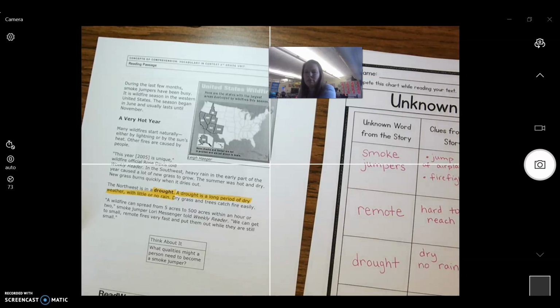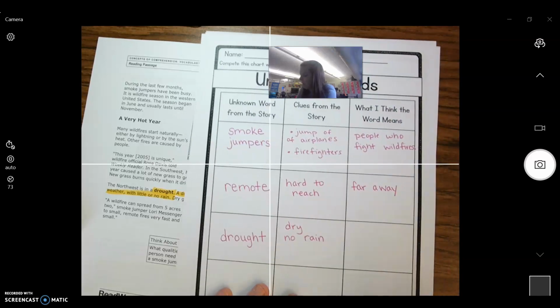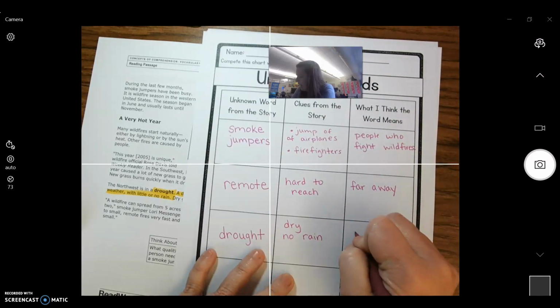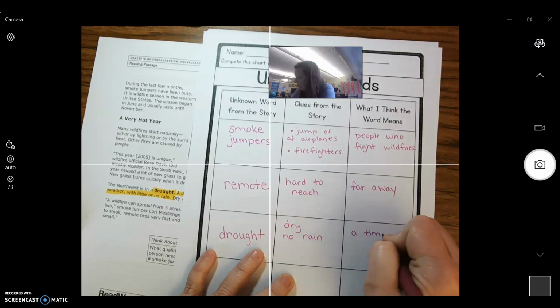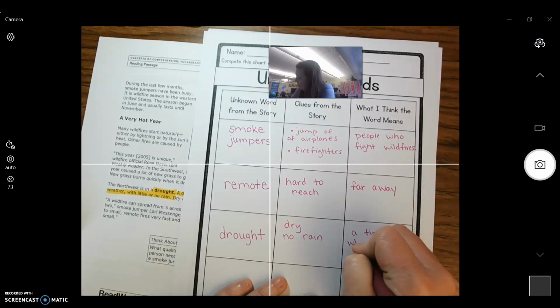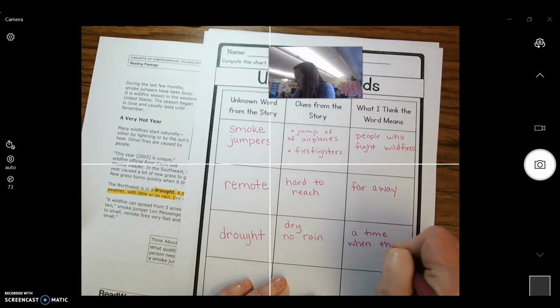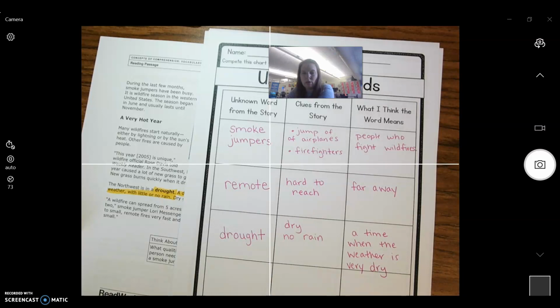So when I think of the word drought, I think of it as a time when the weather is very dry. That's what Miss Esther thinks it means, okay? So a drought is when there's no rain. It's really dry, okay, which is actually very dangerous for wildfires.